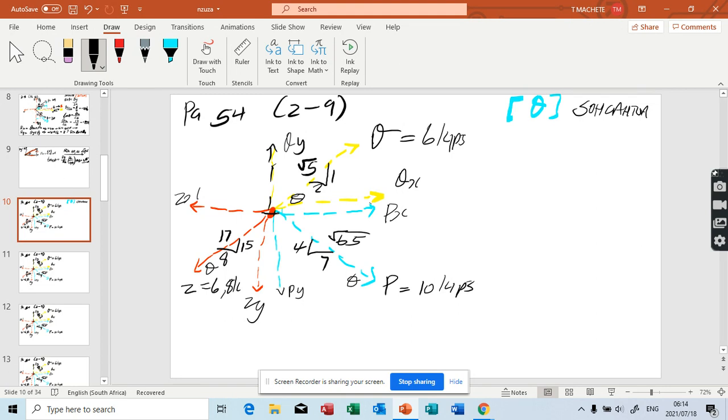First step, guide me. Tell me what to do. Sine theta equals Qy over 6.